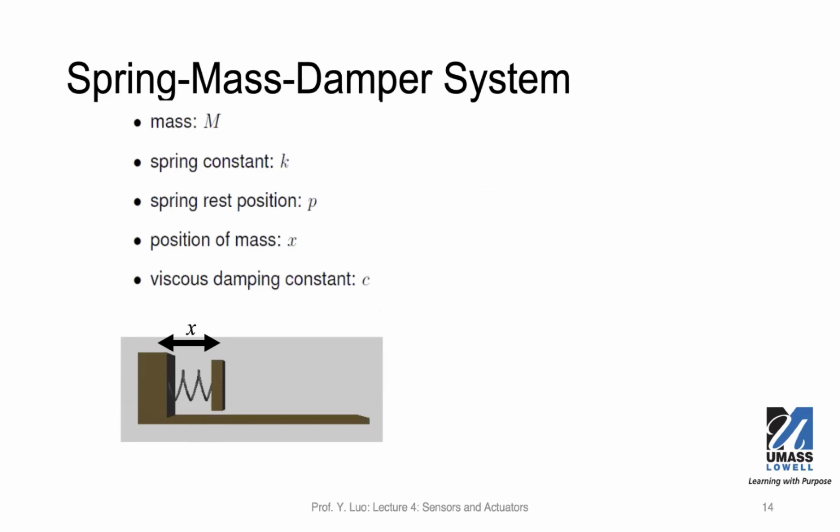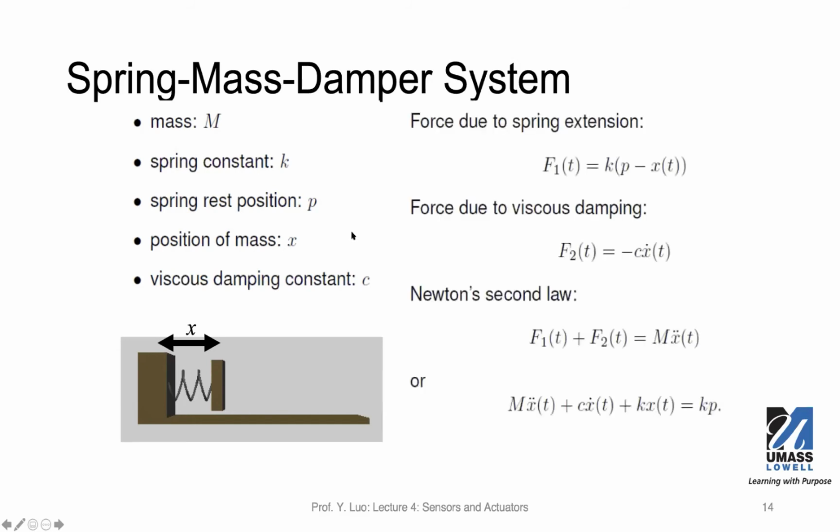To be more precise, this is the spring mass damper system that we can model using Newton's second law. And we have this mass represented with symbol M, and the spring constant K representing the elastic property of the spring itself.